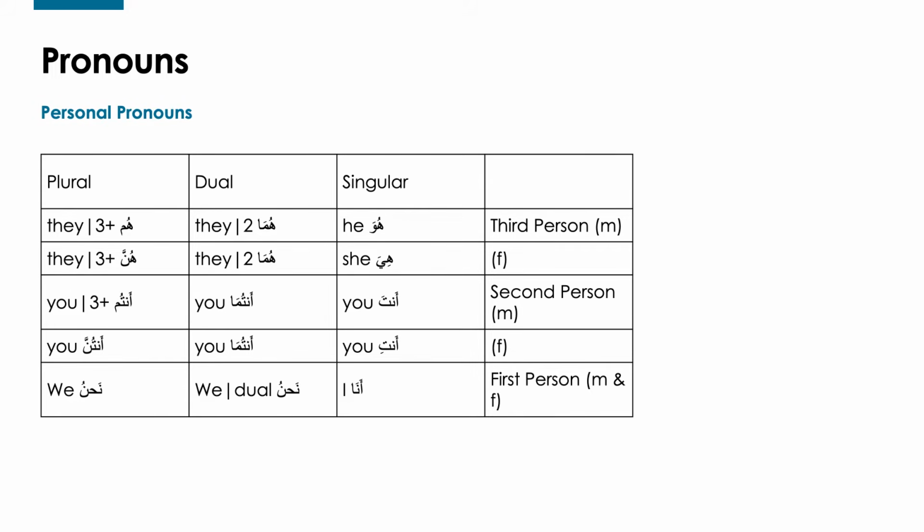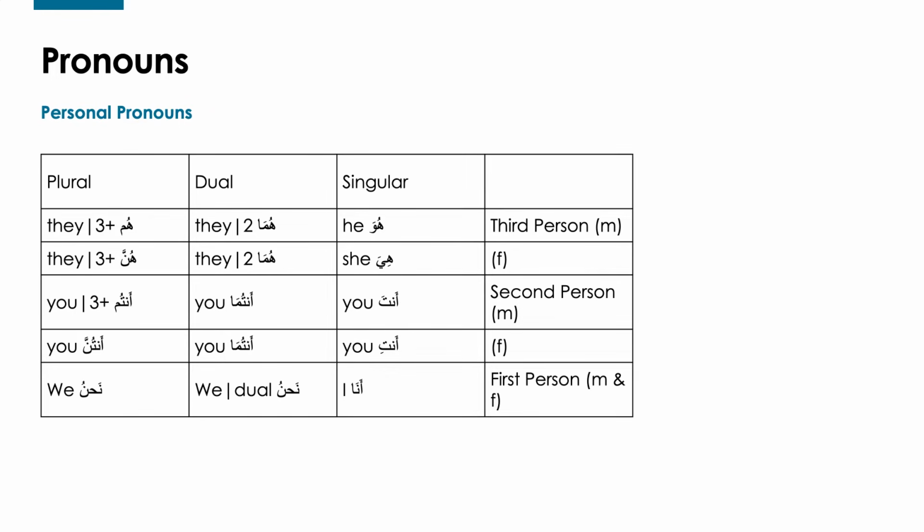What are they? So first of all, in the third person, we have huwa, which is he. This is singular. And if it is two people and they are male, we have huma. And if they are more than three, then we use hum.